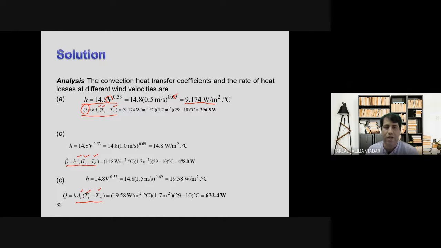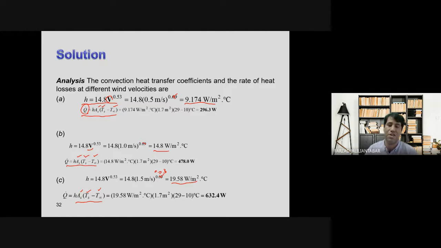Only h will be different for different velocity. Again, for part B, this time the velocity is 1 meter per second, so we substitute that. In part C, again, we have 1.5 meter per second as the velocity for this h. If we substitute, we can calculate h. You can see only h is different: 9 point something, 14 point something, 19 point almost 6.